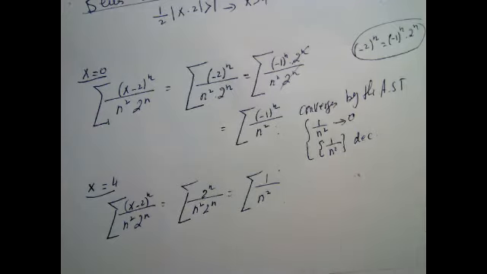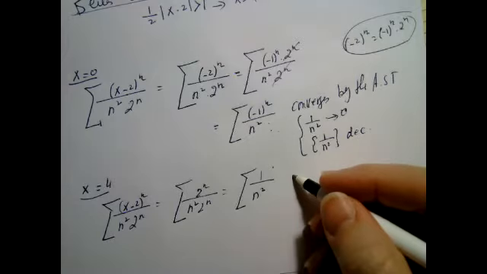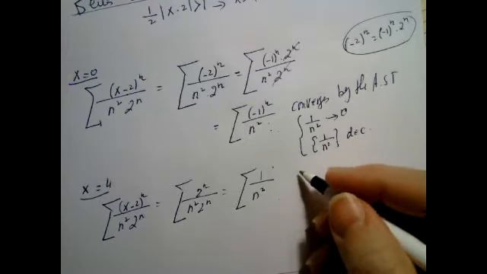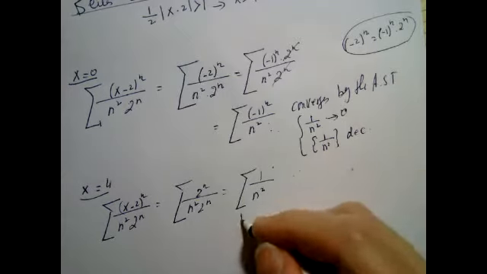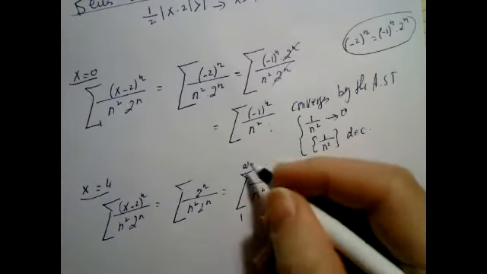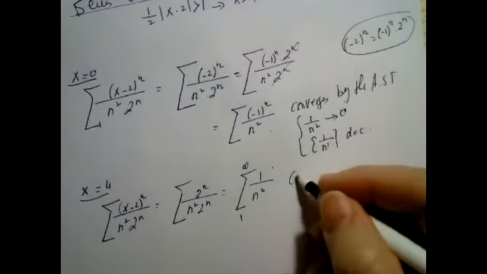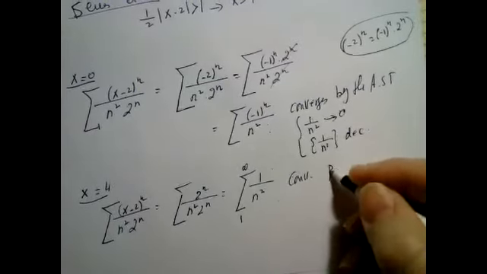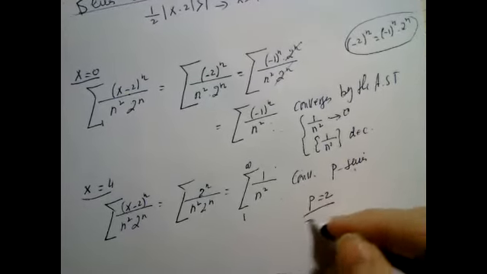So it's 1 plus 1 over 2 squared plus 1 over 3 squared, and so on and so forth. Does this one converge and why? Again, back to you. Does this converge or not? Yes, p-series. That's a p-series. It converges, that's a p-series where p is equal to 2.